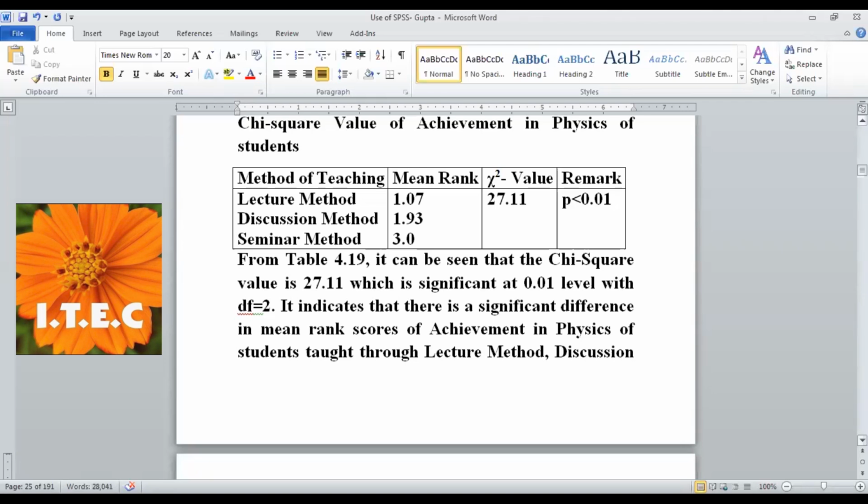Even if you don't do anything, you know that in the lecture method, the mean rank is lower than that of discussion and seminar method.